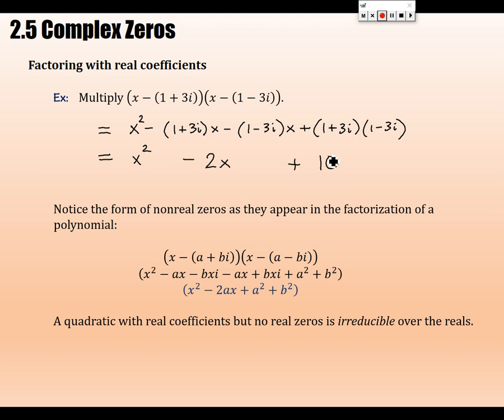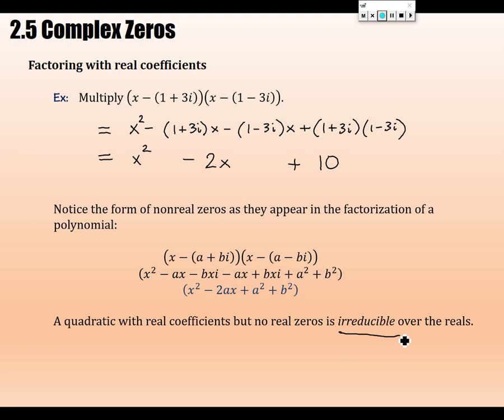This kind of quadratic that has two complex conjugate roots is called an irreducible quadratic, or irreducible over the reals. That is, if you were to factor it, you would have to use non-real numbers. Now, there's no such thing as an irreducible cubic.